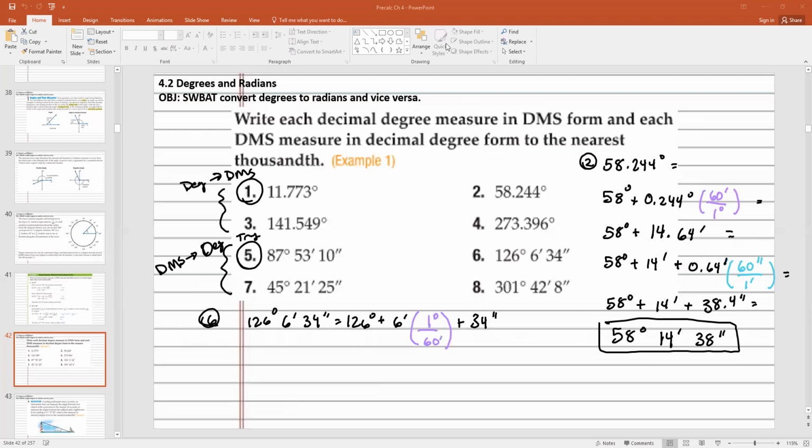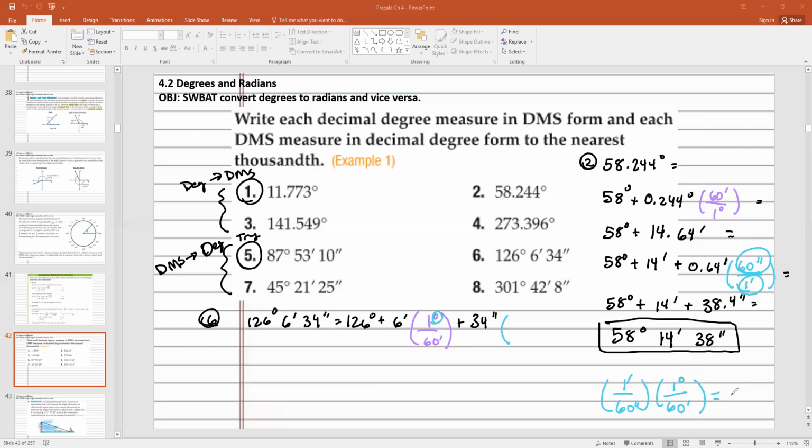Now this is the tricky part. You would think it's going to be 60 seconds over 1 minute, but then notice that we don't want to change it to minutes. We want to change it to degrees. So we're going to basically do 1 minute over 60 seconds times 1 degree over 60 minutes.